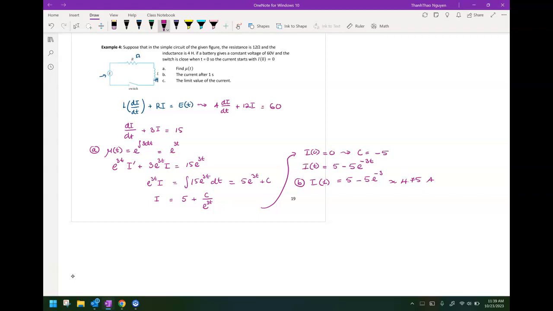Let's talk about the limit of the current, part C. We have the equation for the current: I of t is equal to 5 minus 5 times e to the negative 3t. So what happens as t goes to infinity?